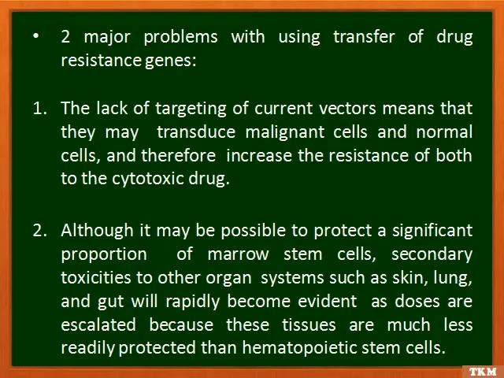Now, if we increase the dose of the anti-tumor drug, though the normal cells are not affected because they become resistant to it, there can be several other organs that can get affected due to the toxicity that the high level of anti-tumor drug produces.